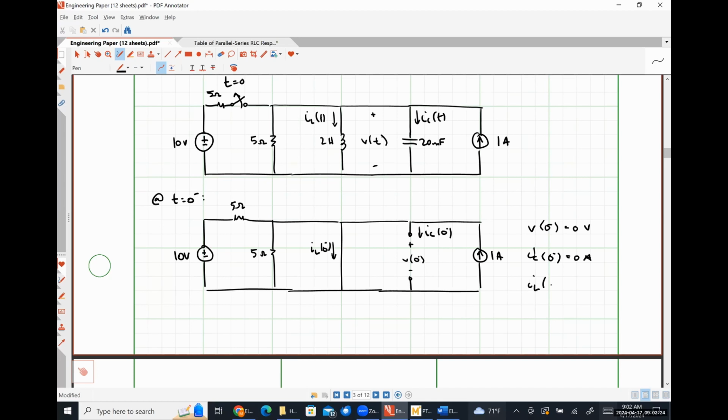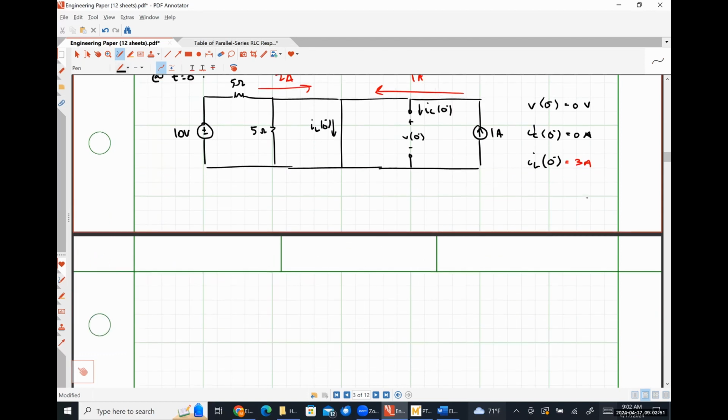IL will be something else. So to me, it looks like I'm going to have a contribution of 1 amp flowing in from this side and 2 amps flowing in from this side. So those add together to make 3 amps. Anybody got any beef with my analysis?